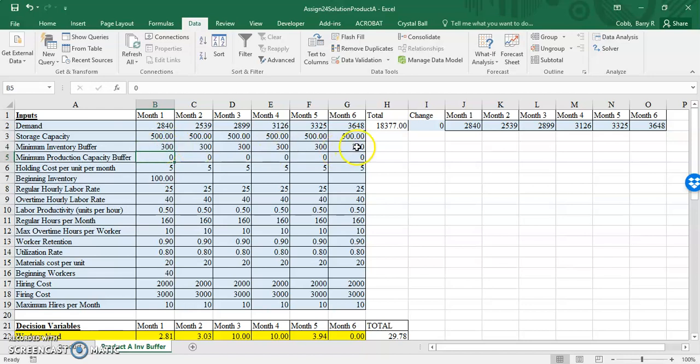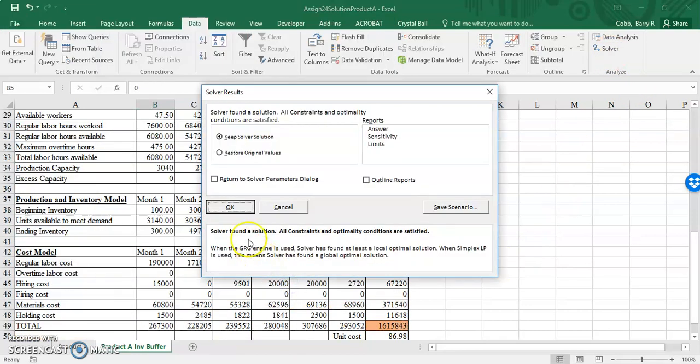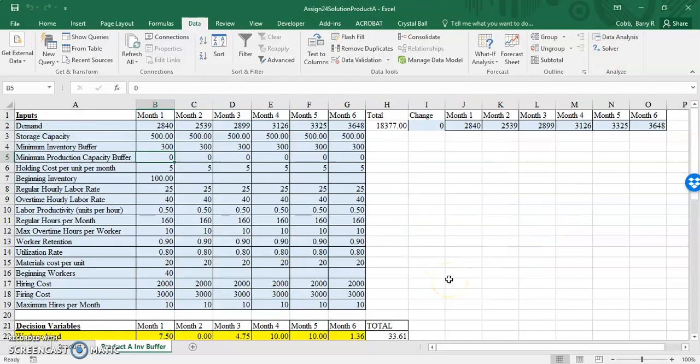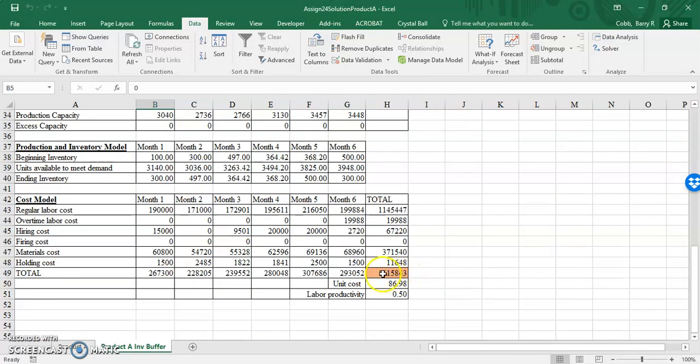The solver constraint is already built into the model, so if we change the inventory buffer minimum to 300 and resolve, we'll get a new plan for the cost involved in maintaining the inventory buffer.